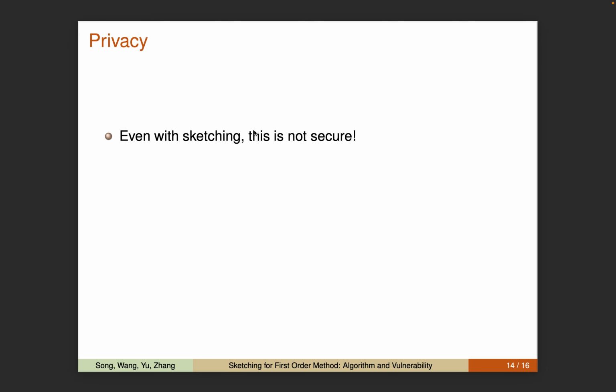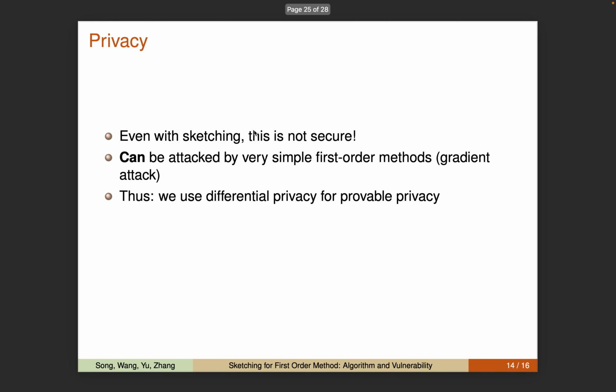So how does this algorithm address the privacy issue? In our paper, we have shown that even with the randomized sketching applied to these gradients, this algorithm is not secure at all. In fact, it can be attacked by a very simple first order method, which is called gradient attack.